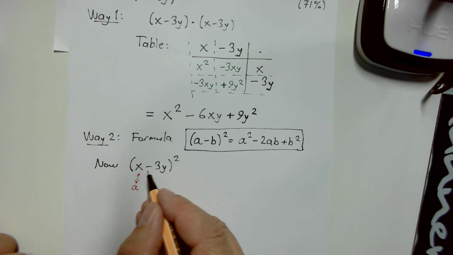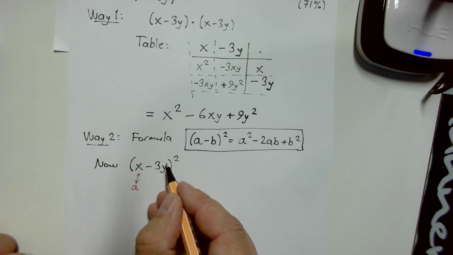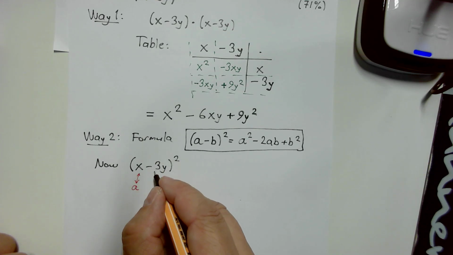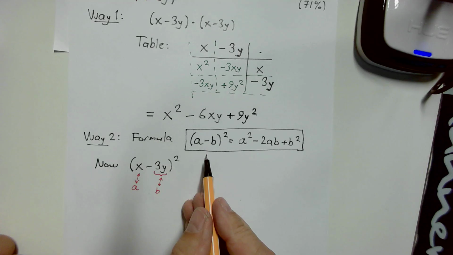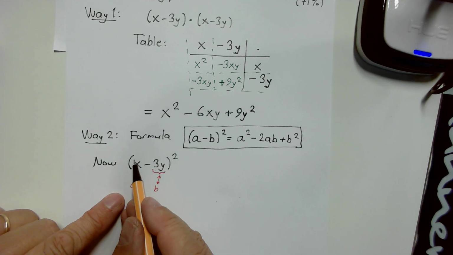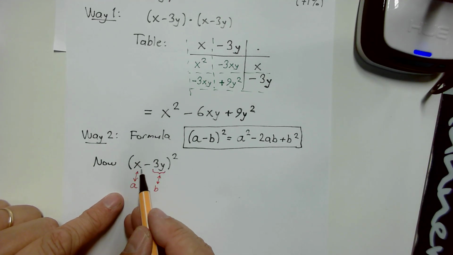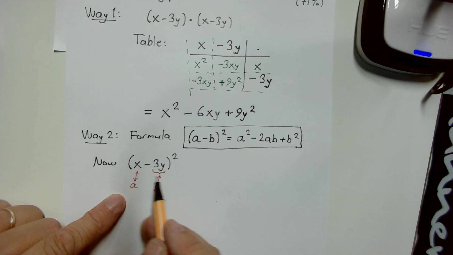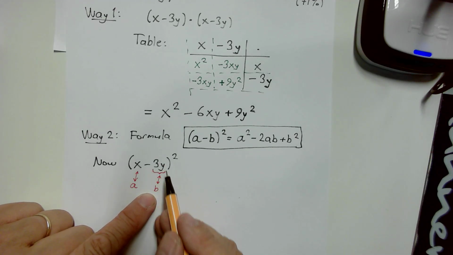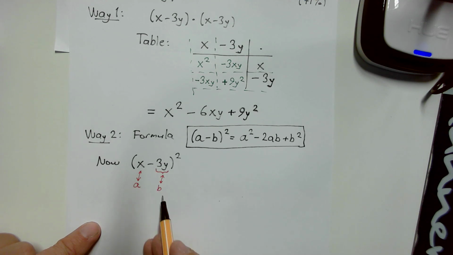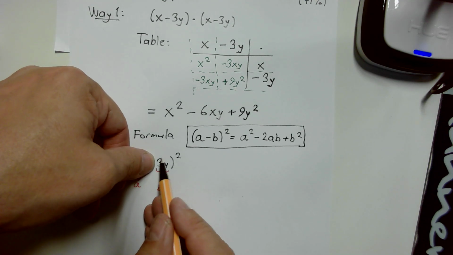And here we have a minus sign, and after that there is 3y, so this is the same as b. So a is the part in front of the minus sign, and b is the part after the minus sign. The minus sign does not belong to b. b is only the 3y.